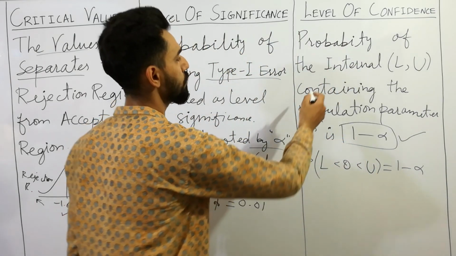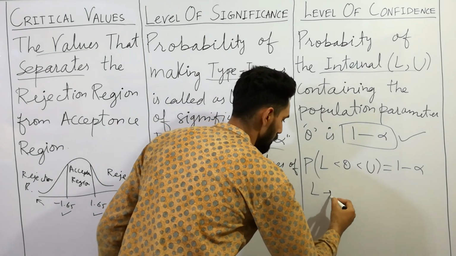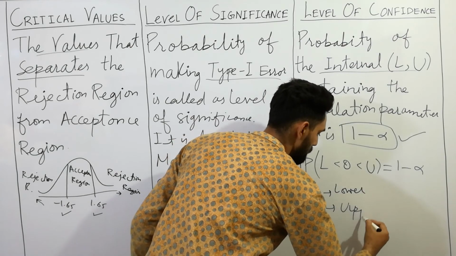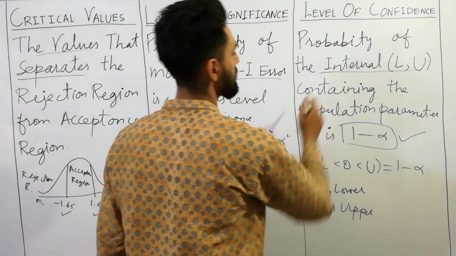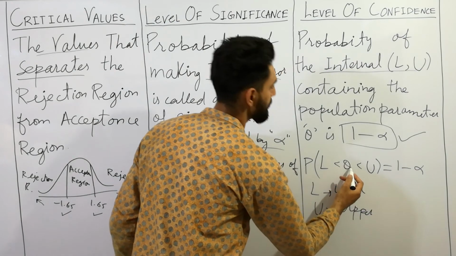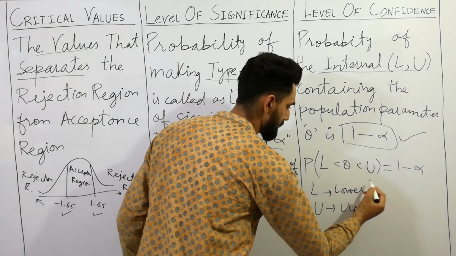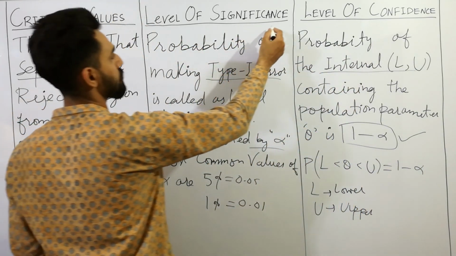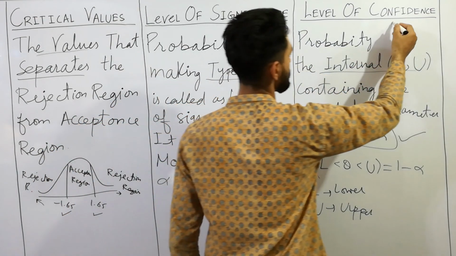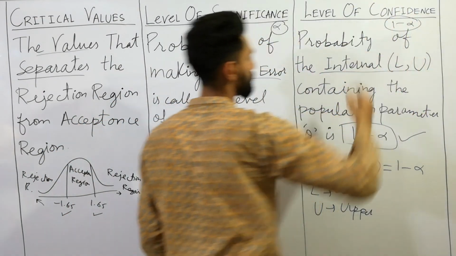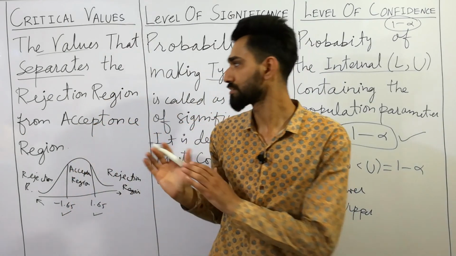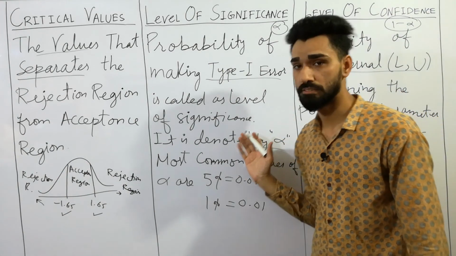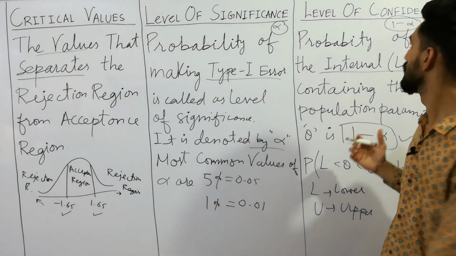So the level of significance is denoted by alpha and the level of confidence is denoted by 1 minus alpha. I hope you are clear about the critical values, the level of significance, and the level of confidence.